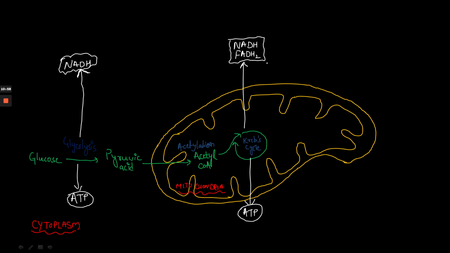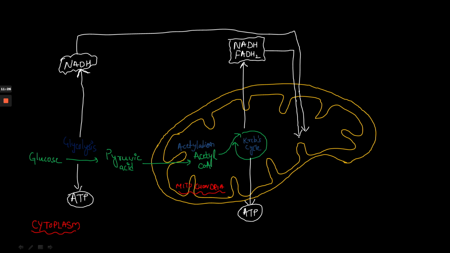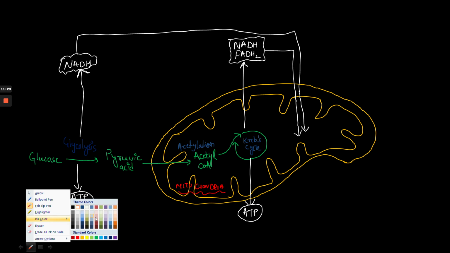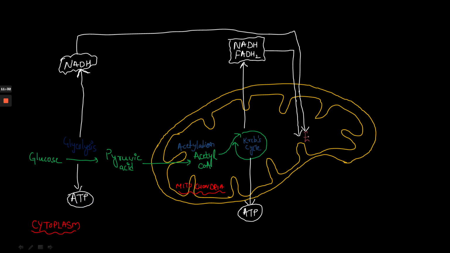So this NADH or FADH2, whatever is being produced during the Krebs cycle or the glycolysis process, they are now going to enter into something known as ETS, that is your electron transport system or the electron transport chain, that is present in the inner mitochondrial membrane.